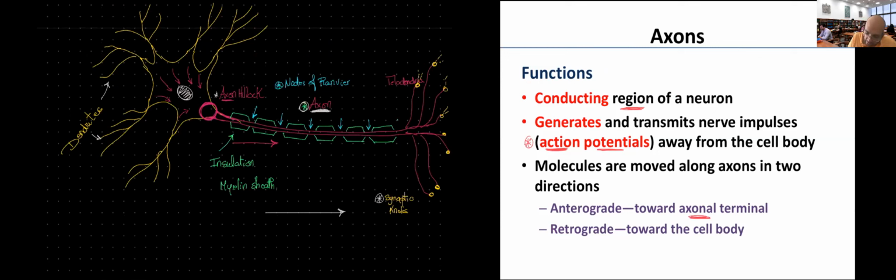If I'm moving backwards towards the cell body of the nerve cell, this is called a retrograde movement. So again, molecules can move in two directions inside the axon, either anterograde or retrograde.